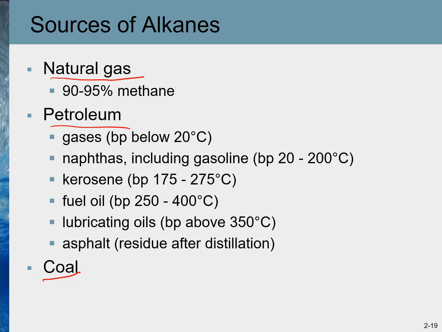Natural gas consists of approximately 90 to 95% methane and about 5 to 10% ethane. And maybe some traces of some other low boiling alkanes.